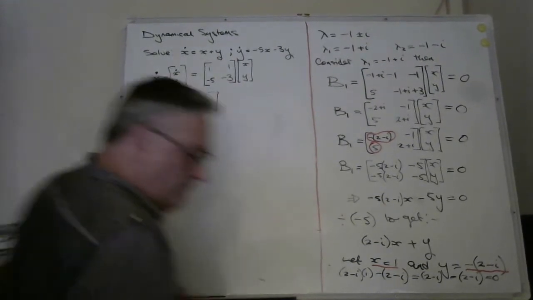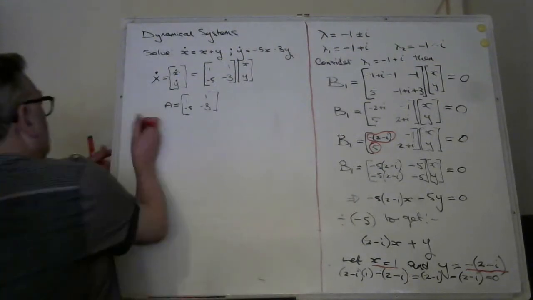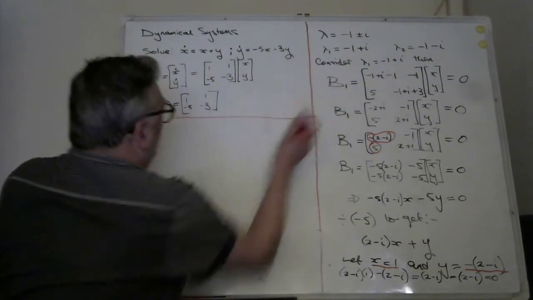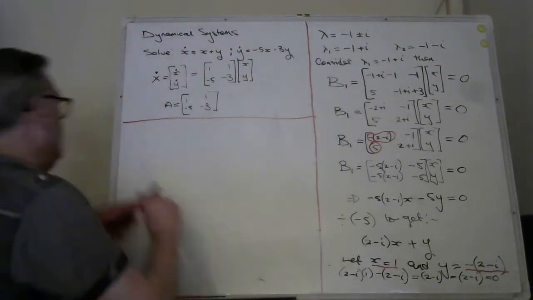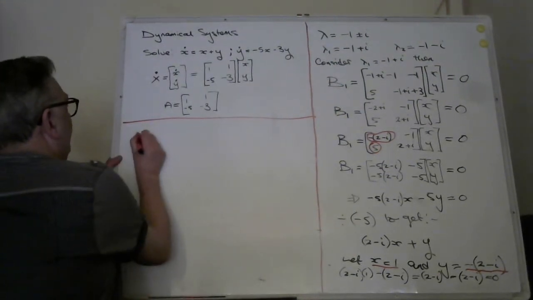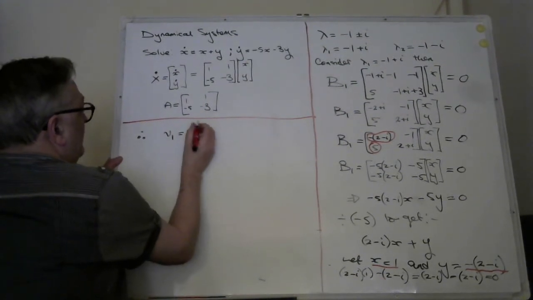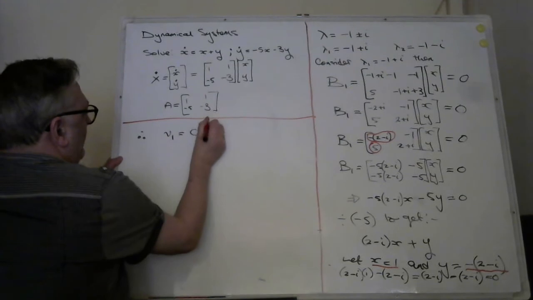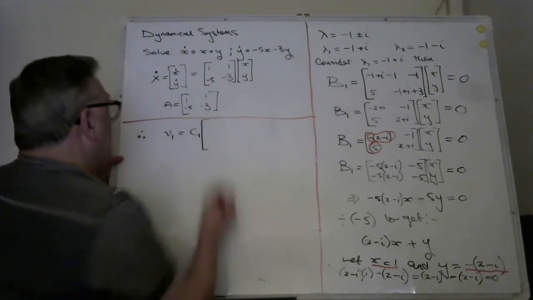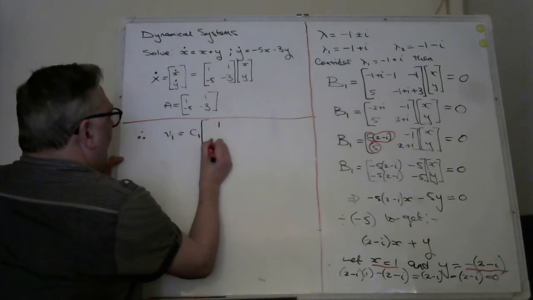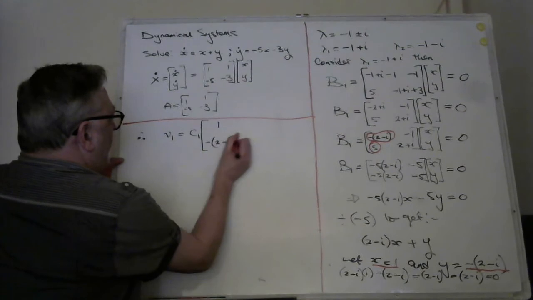So let's just rule this off. Therefore, an eigenvector v1 is equal to some constant, which we'll call c1, times the eigenvector (1, minus 2 minus i).